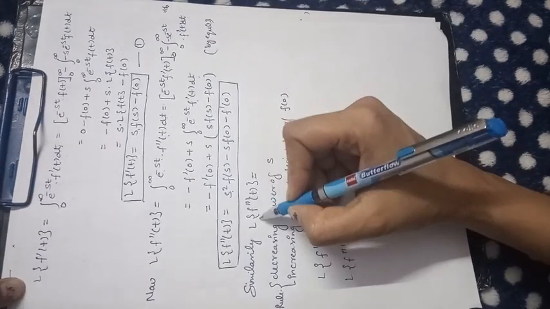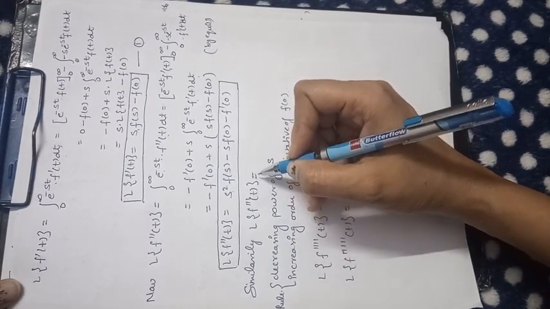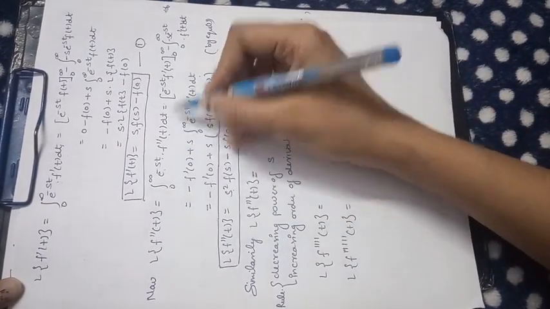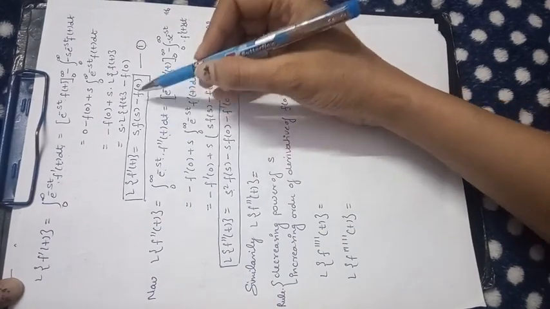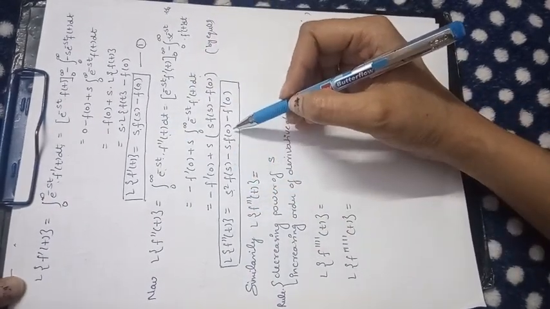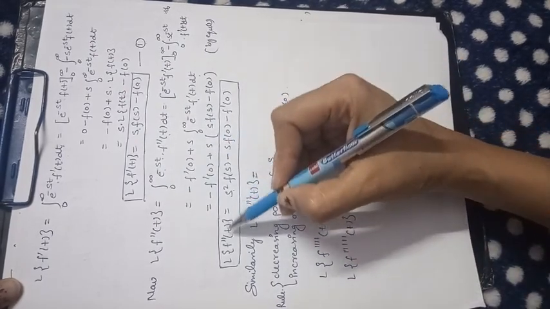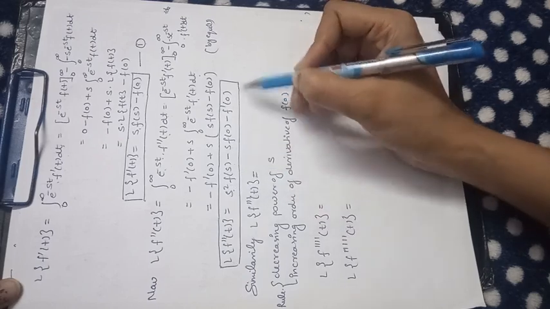Similarly, you can find the Laplace transformation of f triple dash t, the triple derivative of f(t). Every time you need not integrate like this. There is a pattern to write the Laplace transformation of the first derivative and of the second derivative. The pattern is, here you can see in the second derivative the power of s is in decreasing order.